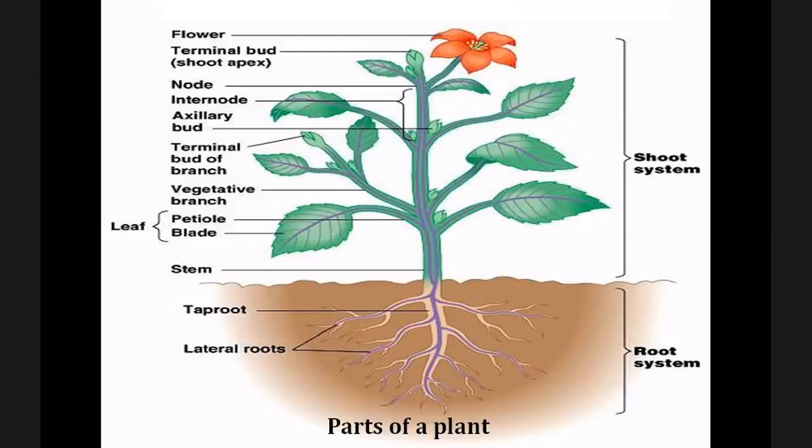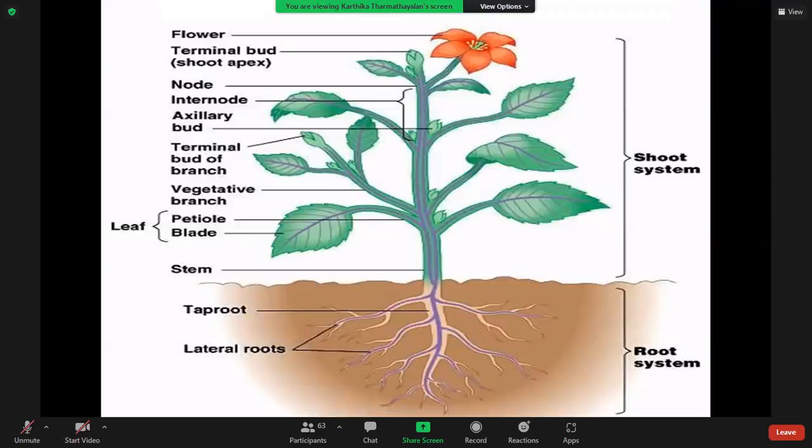And here, the node and the internode. Nodes are the regions where the leaves or branches emerge from the stem. Twigs mean the small branches.